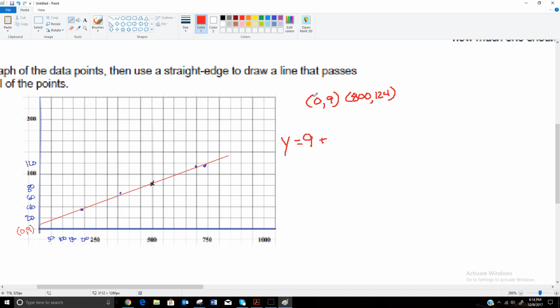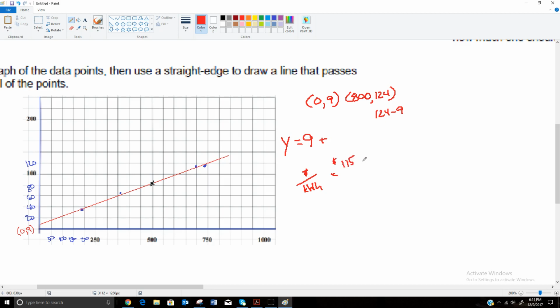When we went from 0 kilowatt hours to 800 kilowatt hours, we want to know how much money it's increasing per kilowatt hour. Well, the money went from $9 to $124. So what's the difference between those? 124 minus 9 gets us 115.